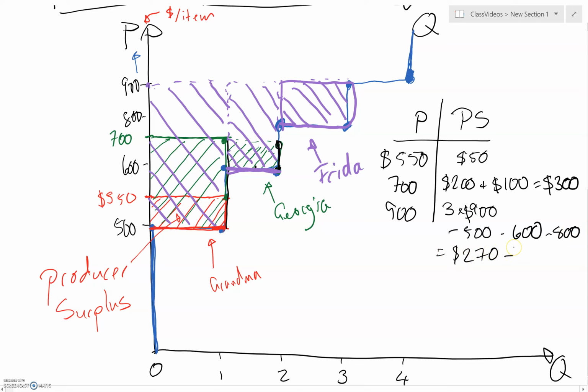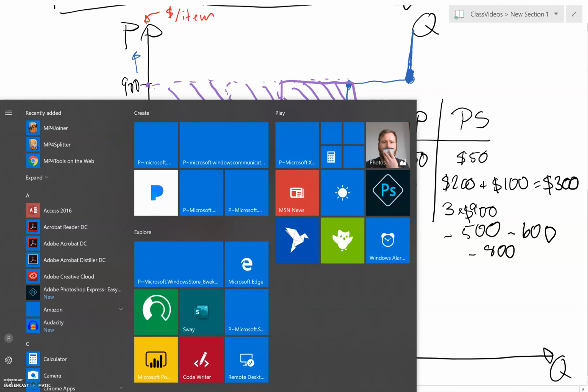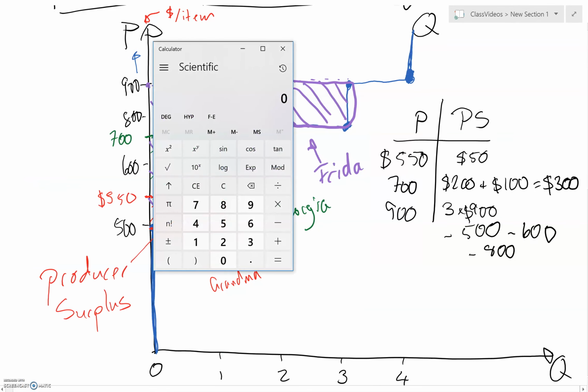So 3 items get sold for $900, and then Grandma incurs a cost of $500, Georgia incurs a cost of $600, and Frida incurs a cost of $800, and now I'm going to defer to my comparative advantage thing, so I'm actually going to get this right.